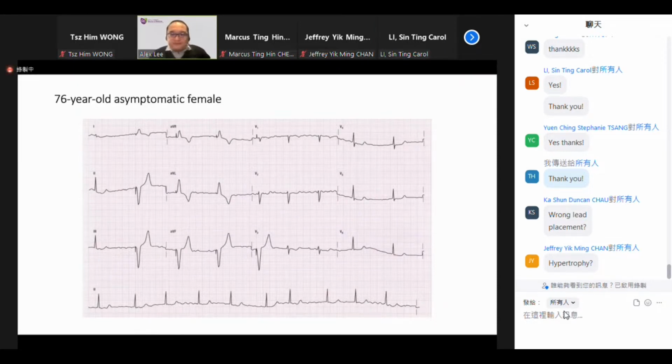What do you think? This one, a 76-year-old asymptomatic female. Maybe I'll go step by step. First of all, the patient has, I think, rather irregular heartbeat, and the P wave is sometimes not quite observable, but sometimes I can see there is some sawtooth morphology.